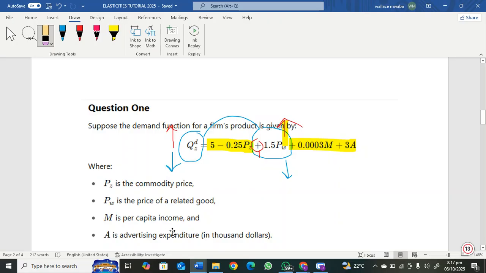Now, before I go further, colleagues, do we remember how to interpret a demand function like this? Madam Karen and Madam Mumba, do you remember how to interpret this demand function? Okay, let me interpret.